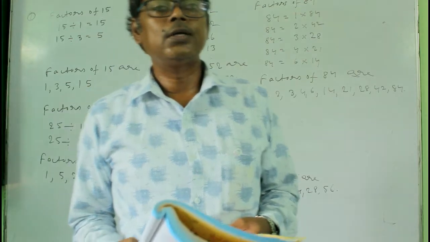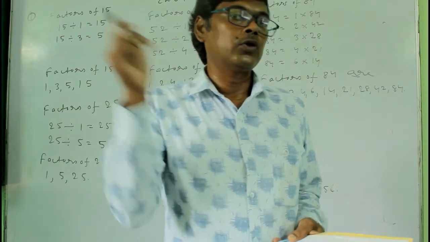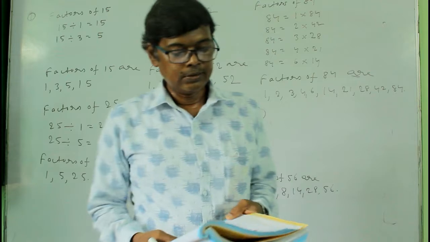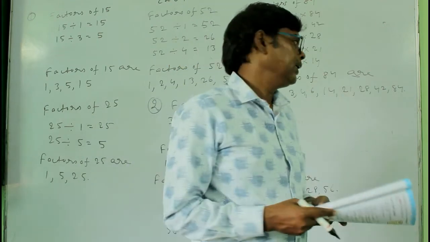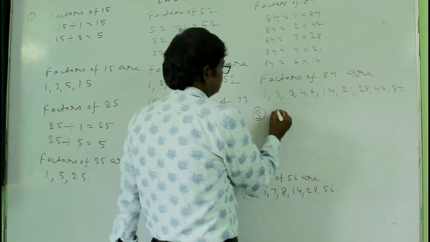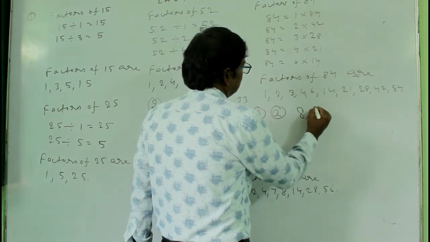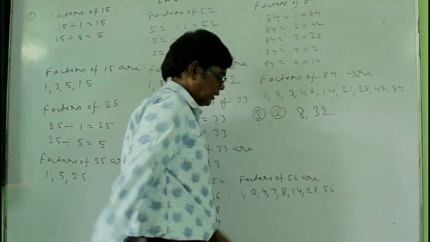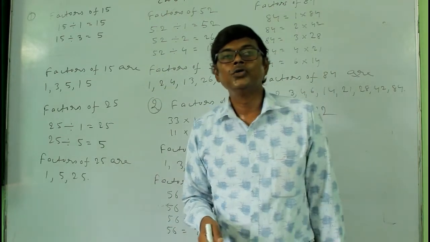Okay, if it is the factor then tick, and if it is not then cross. Okay, so here find out in the first number, A. Question number A, you have the number 8 and 32. Okay, so whether 8 is a factor of 32 or not.